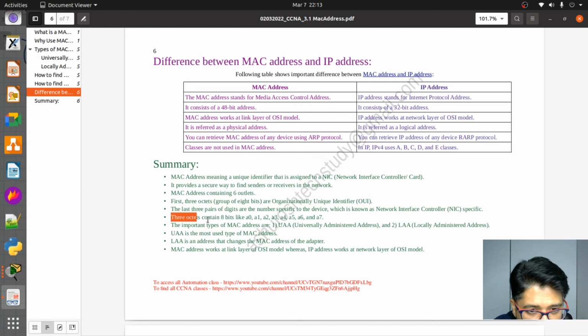The last octet's bits A0, A1 to A7 have special meaning. A0 and A1 have the combinations 00, 01, 10 and 11.